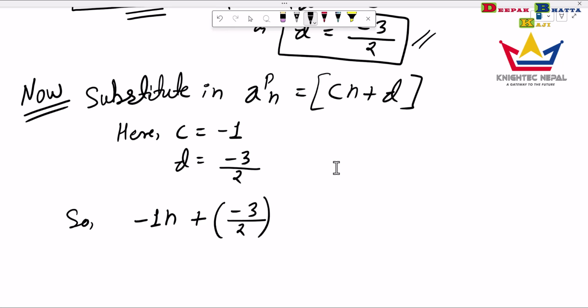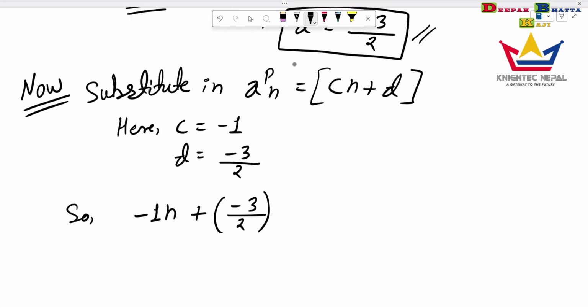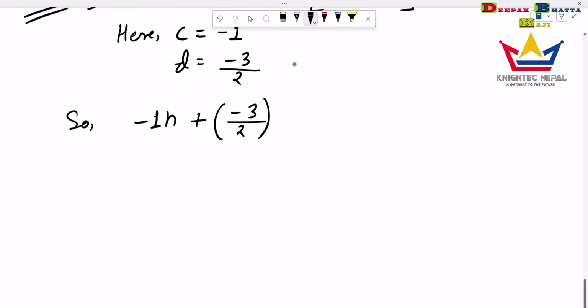I will write clearly. This minus 1 is C and this one is D, right? C n plus D. So now calculate the part that is minus 1n minus 3 by 2.